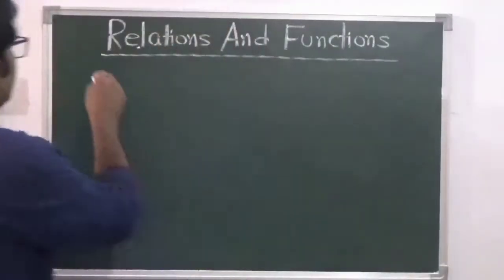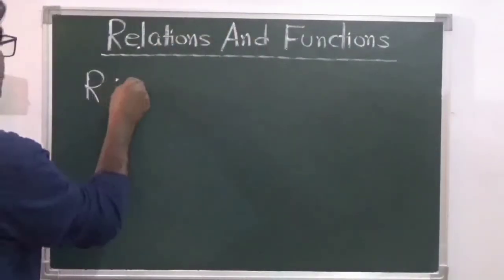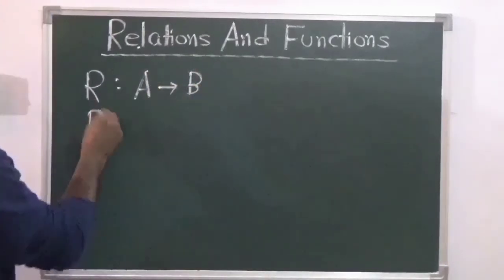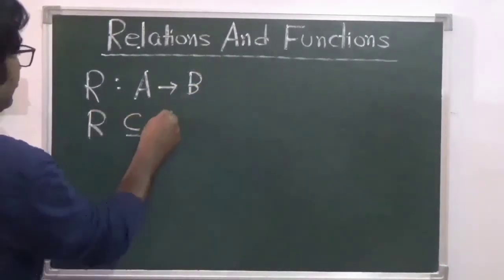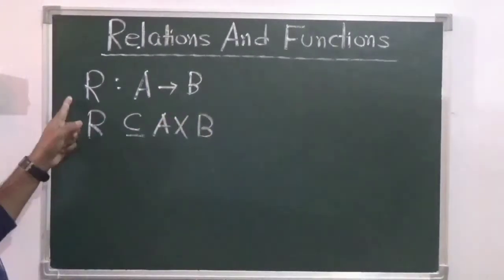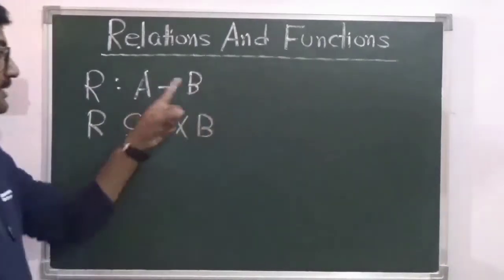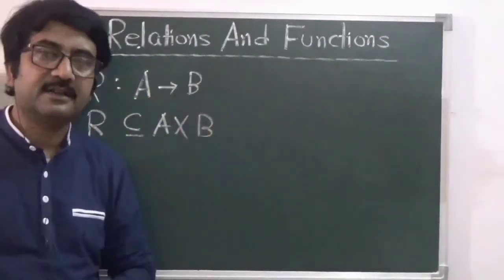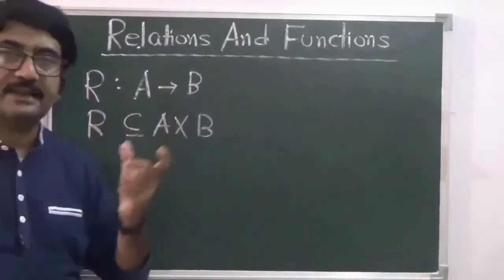So we write the relation R from A to B, where R is a subset of A cross B. R is the relation from set A to set B, and R is the subset of A cross B, that is the Cartesian product of the sets A and B.